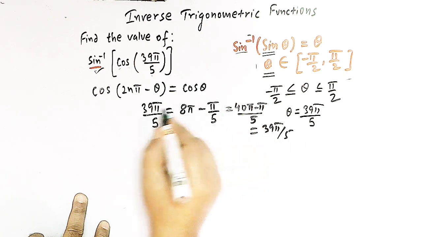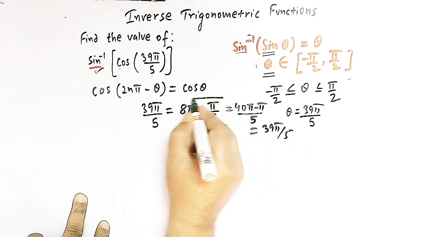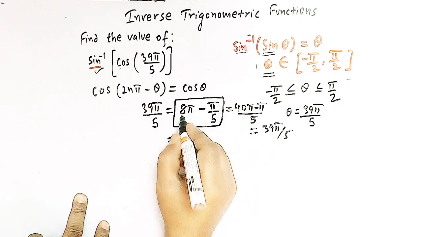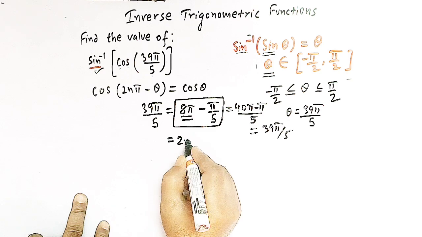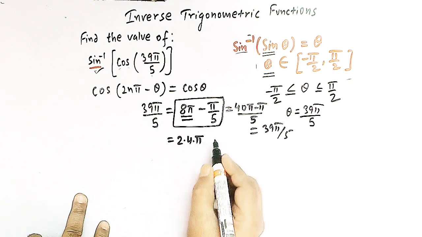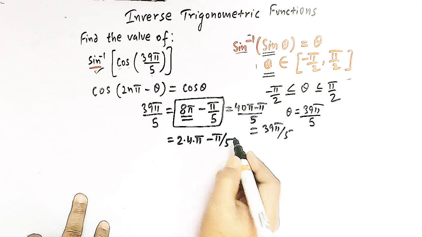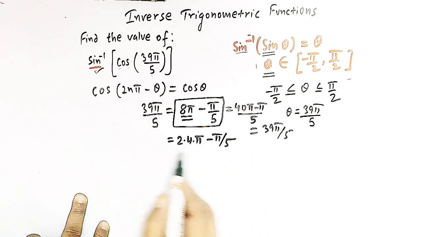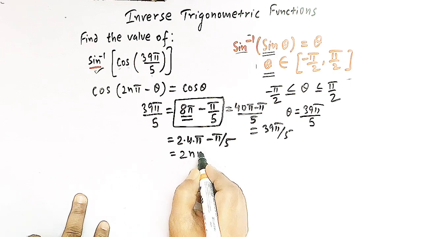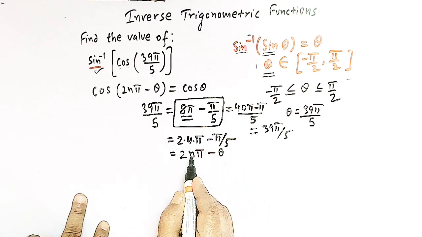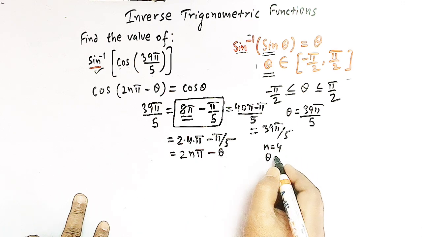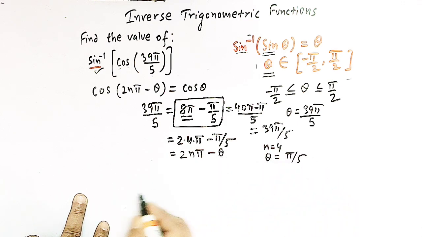So we can now write 39 pi over 5 as 8 pi minus pi over 5, and 8 pi can be written as 2 times 4 times pi, that is 2 times 4 is 8, and here we have pi over 5. So now here we have 39 pi over 5 in this form, that is 2n pi minus theta. So the value of n is 4 here, and theta is pi over 5.